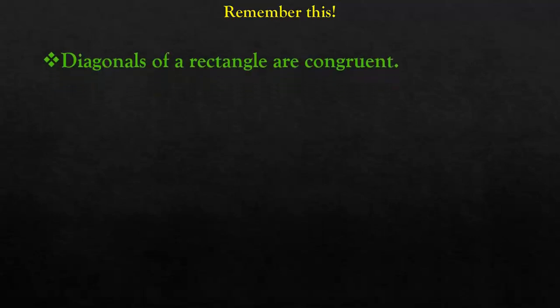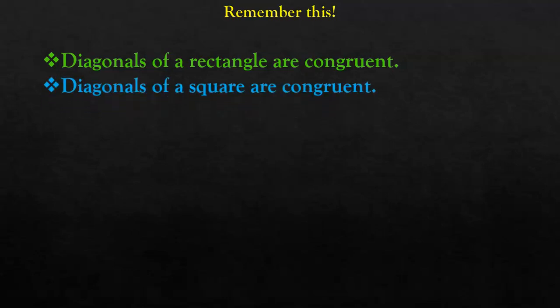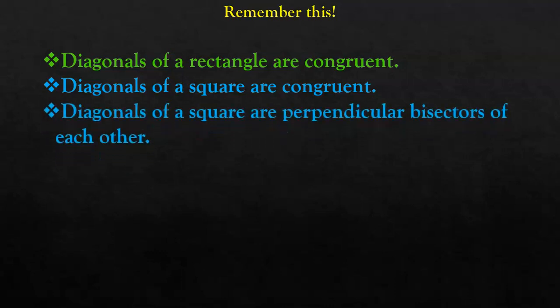Now, there are certain points which we need to remember on the basis of what we have studied and some more new properties. So let's see what they are. The first one is diagonals of a rectangle are congruent. Diagonals of a square are congruent. Diagonals of a square are perpendicular bisectors of each other.